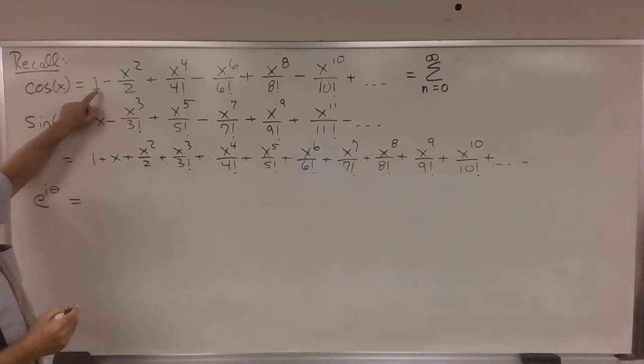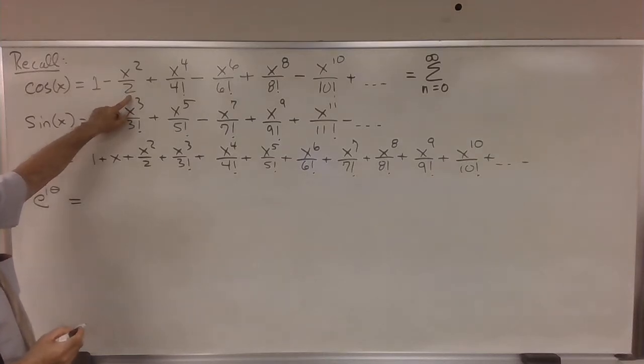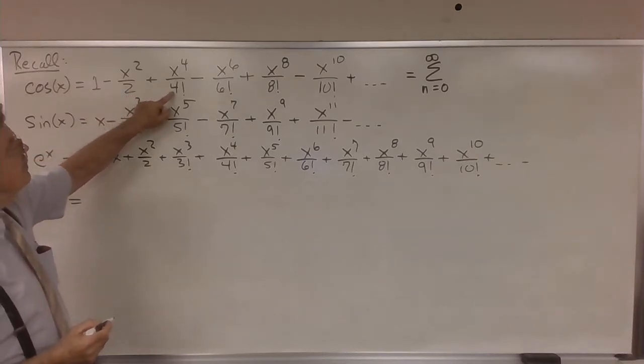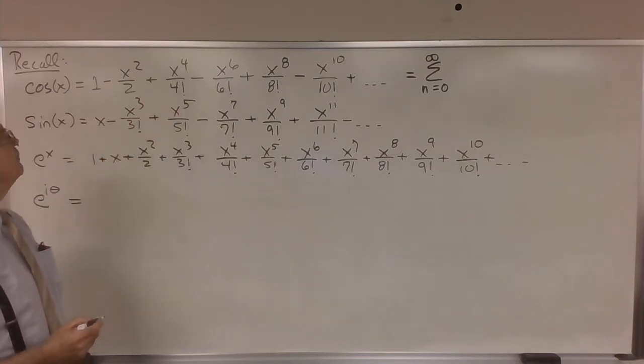So when n is 0, we have x to the 0 over 0 factorial. When n is 1, we have x squared over 2 factorial. When n is 2, we have x to the 4th over 4 factorial. So I guess the pattern is this.